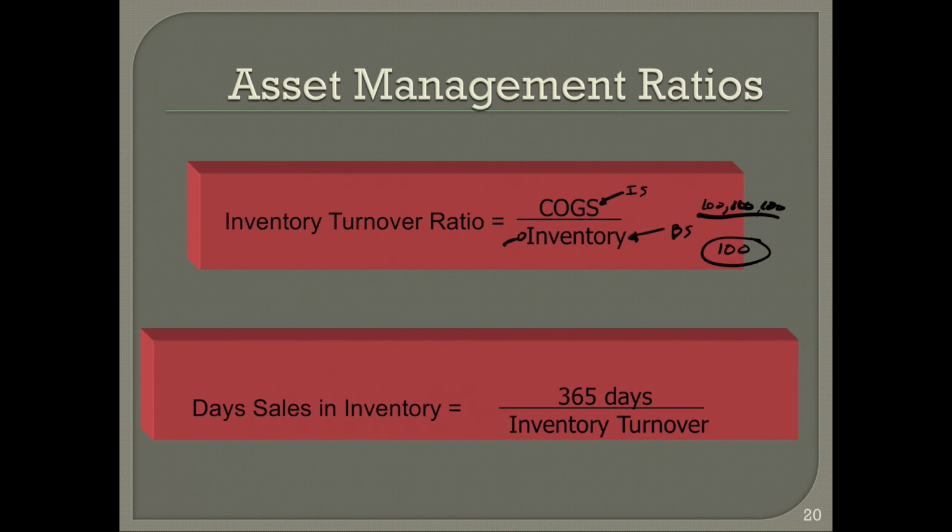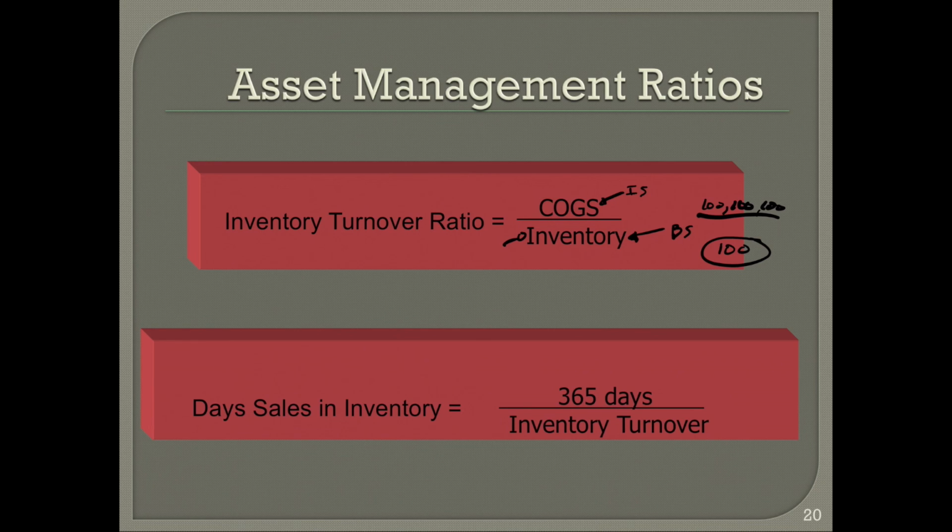And then if you want to know how long it's taking a company to turn over their inventory, you take 365 and divide it by that inventory turnover value. So how long is it taking you to turn over your inventory? Now, this is one of those ratios that is very industry dependent.